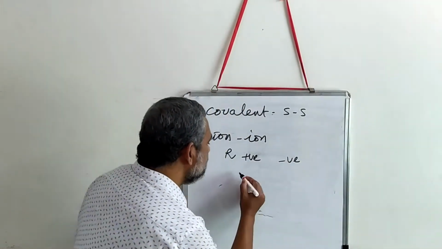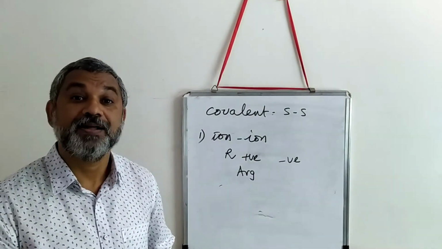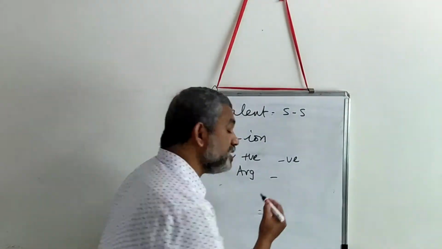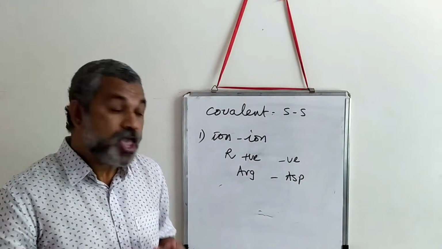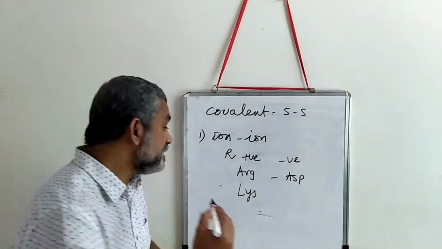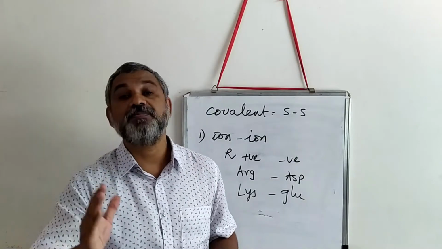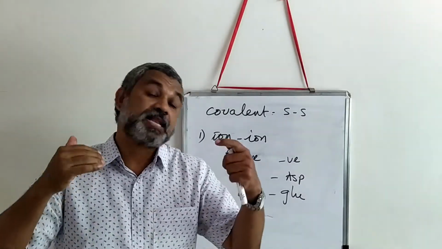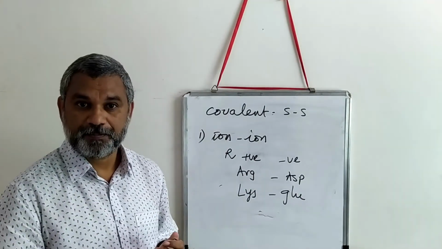For example, you can have an arginine with a positive charge interacting with aspartic acid, which has a negative charge. You can also have lysine with a positive charge interacting with glutamic acid. This is one possible interaction that will stabilize the tertiary structure of a protein.